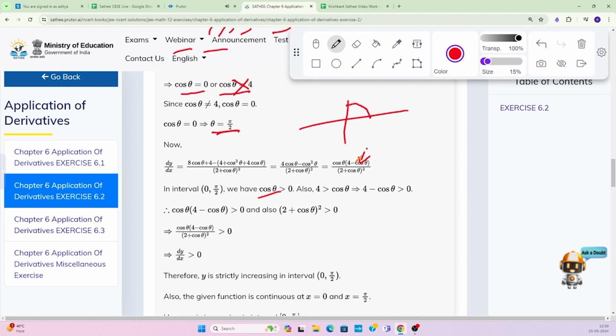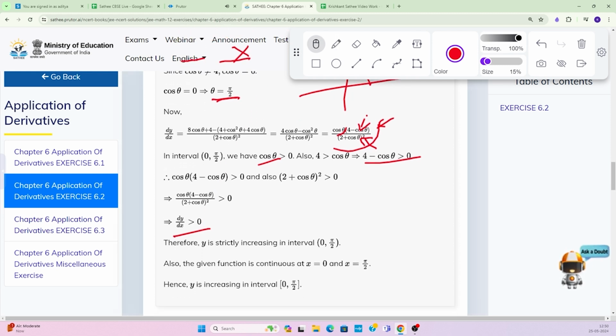As you can see, 4 minus cos theta, and we know the max it can get is 1, so 4 minus cos theta will also be positive. That's what is written over here. So this is positive, and the denominator is already positive. So the whole expression becomes positive in the interval 0 to pi by 2. That's why dy over dx is positive.